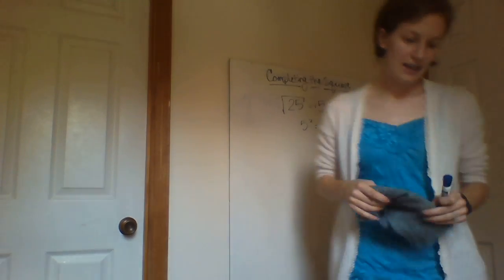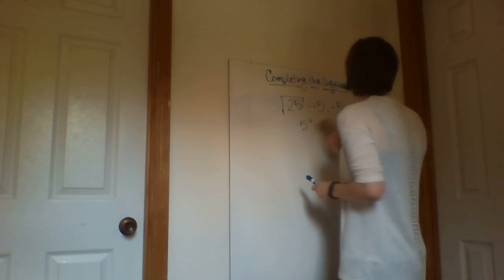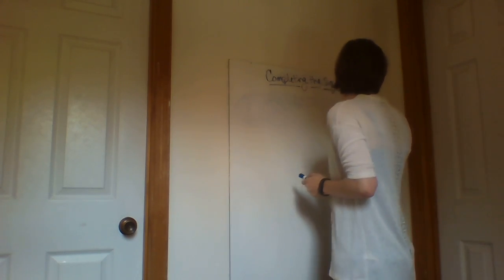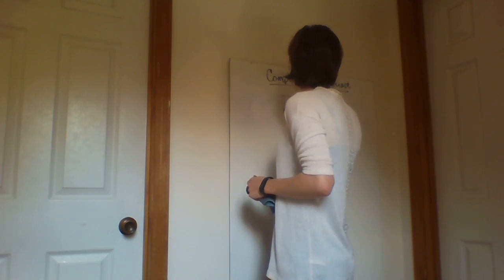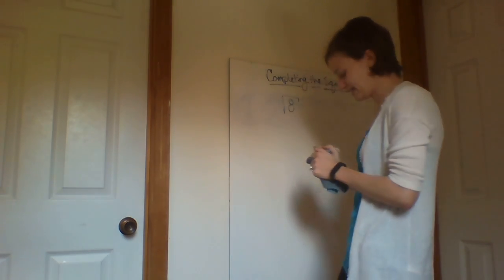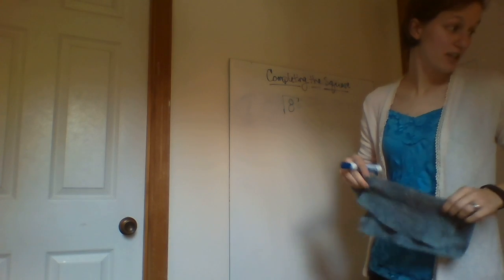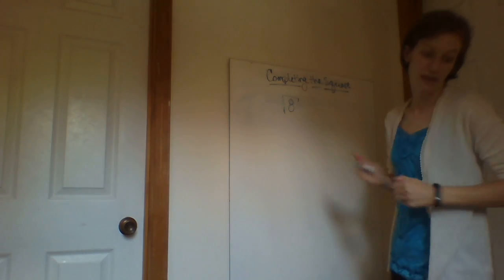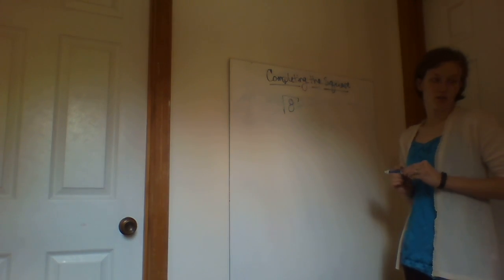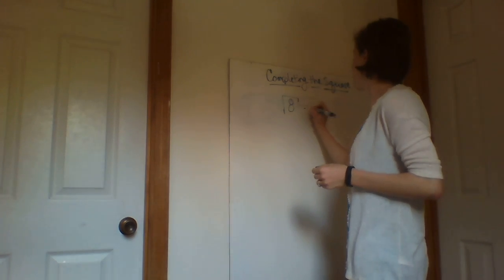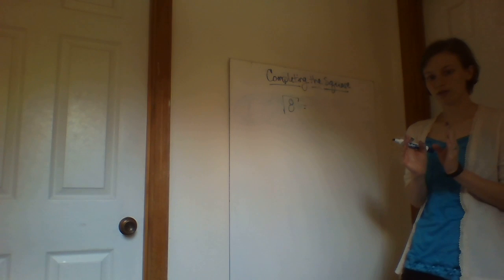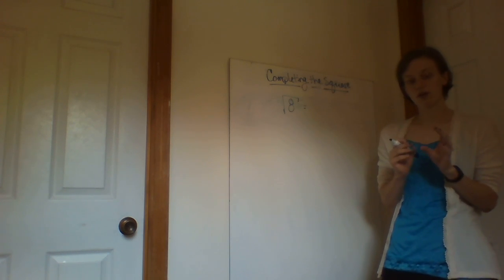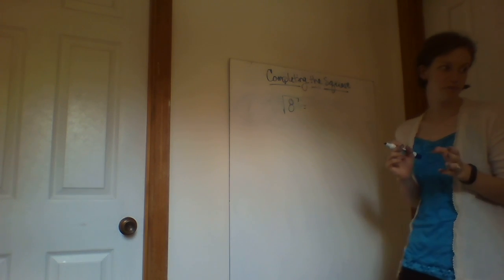So now we're going to get into something a little harder. And just as a review, what is the square root of 8? Because there is no perfect square for the square root of 8, what we're going to do is break this apart. We're going to multiply 2 numbers together, and one of them is going to be a perfect square.